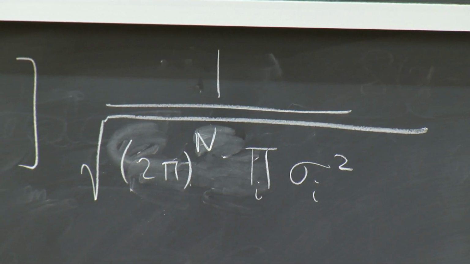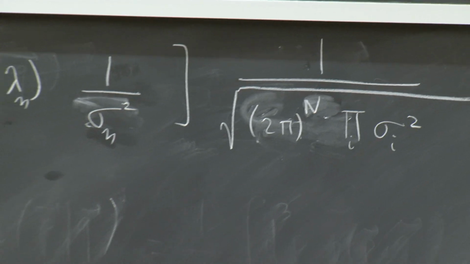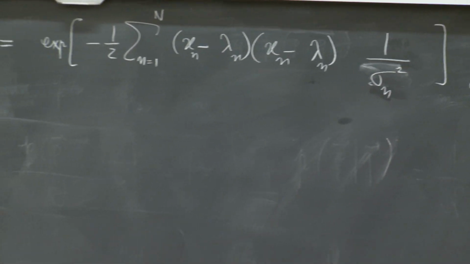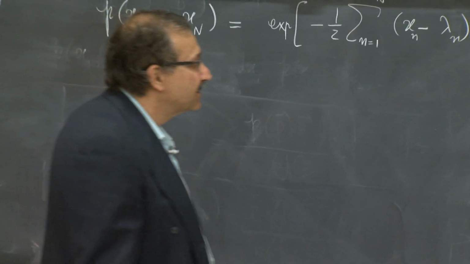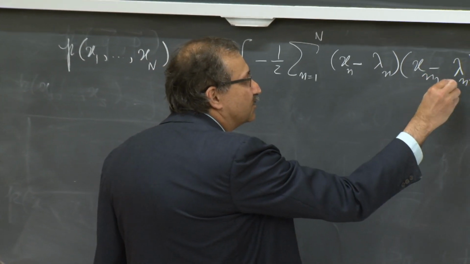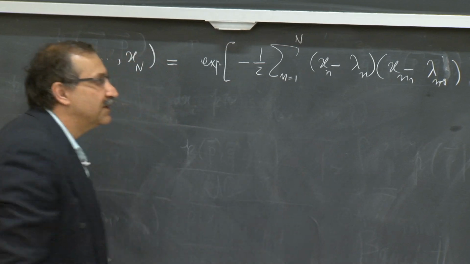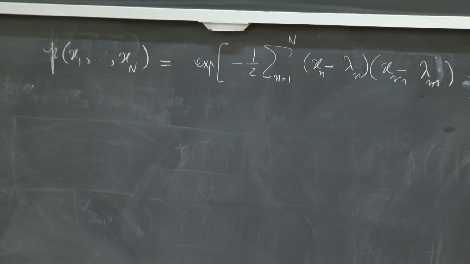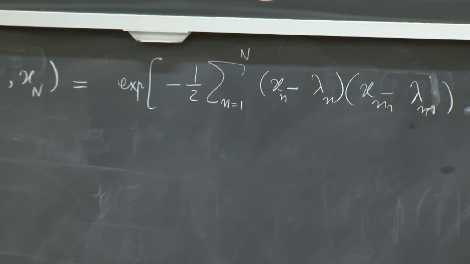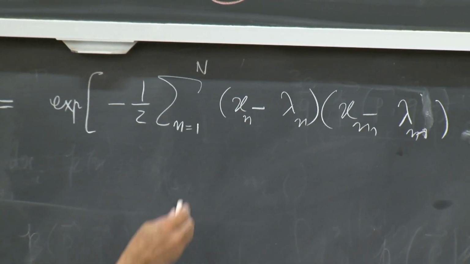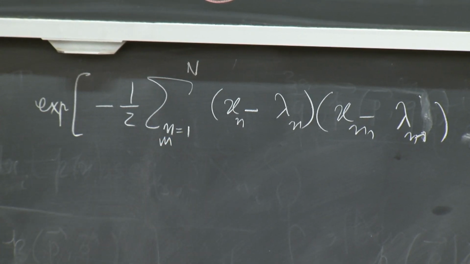But that's just too limiting a form. The most general form that is quadratic will allow me to have also cross terms where it is not only the diagonal terms x1 and x1 that are multiplying each other, but x2 and x3, etc. So I would have a sum over both m and n running from 1 to n.